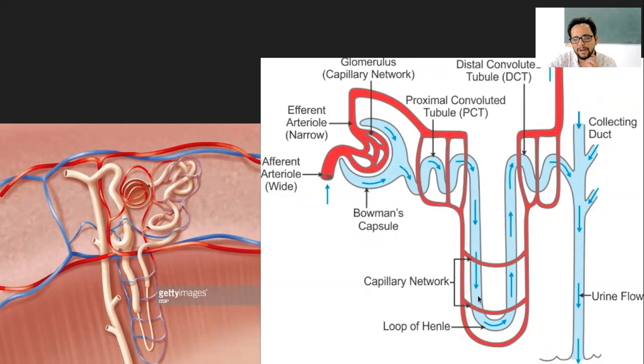So that is the first part. Then when it goes further, the water cannot be absorbed at all, but the electrolytes can be absorbed by the ascending limb. So these two limbs of the Henle's loop have different functions. First, only water is permeable, electrolytes or minerals are not.